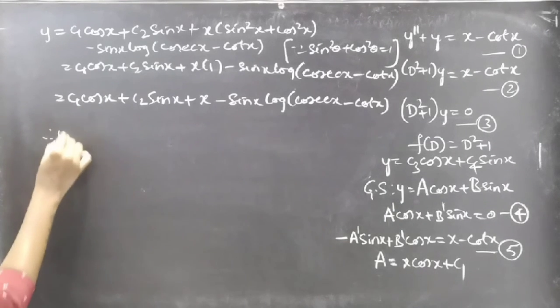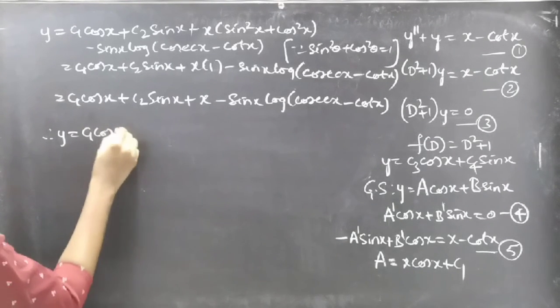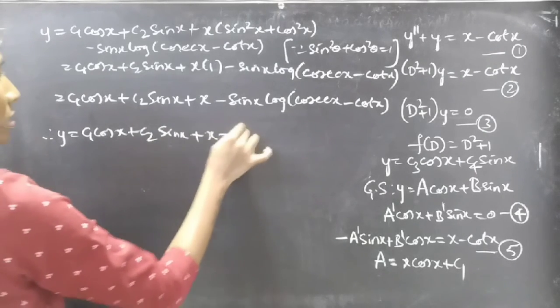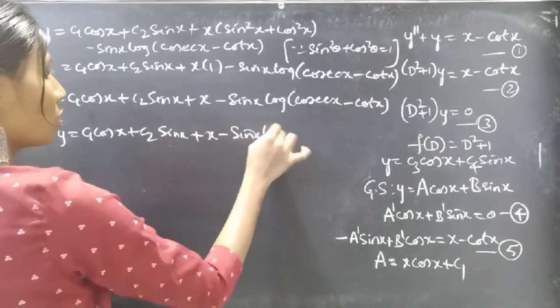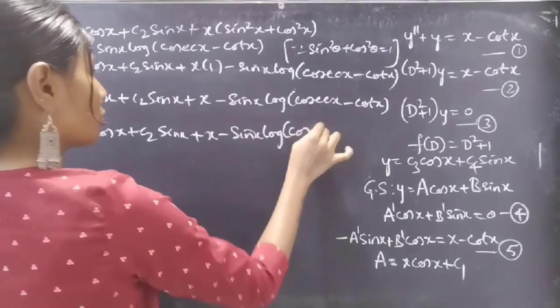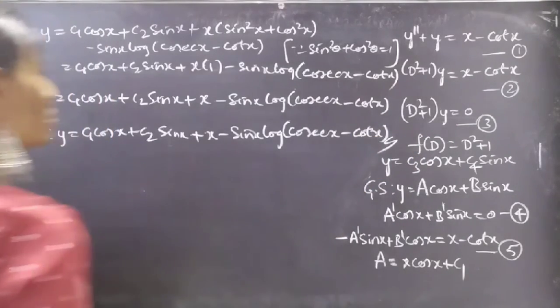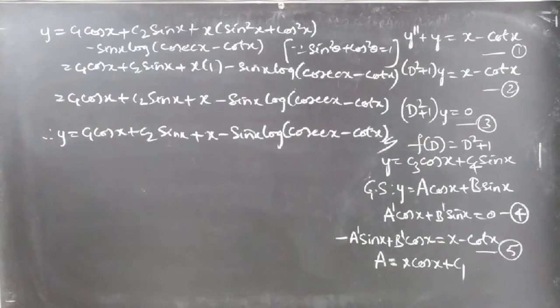Therefore y equal to c1 cos x plus c2 sin x plus x minus sin x log of cosecant x minus cot x is the required solution to our problem.